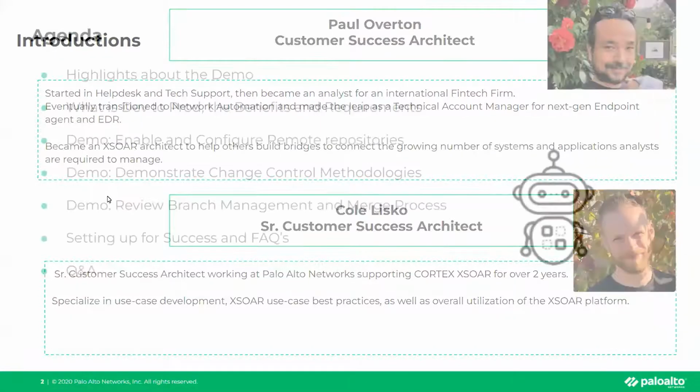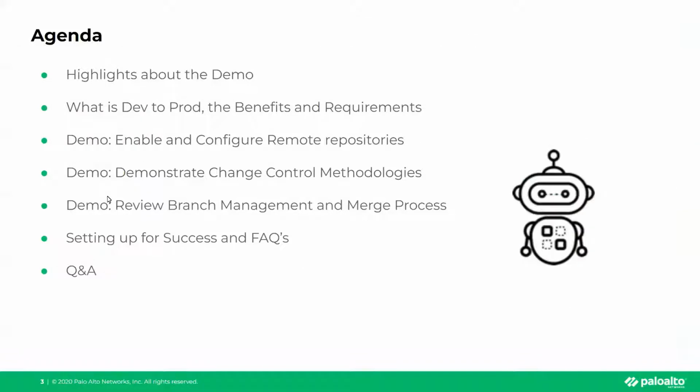And moving on, we're going to talk about the agenda. So first I wanted to just talk about the demo, how I built the demo, and answer some general questions that might come up around how I built the demo. Then we're going to talk about the dev to prod. What is it, the benefits, and also the requirements. The webinar is going to be really heavy on demo.